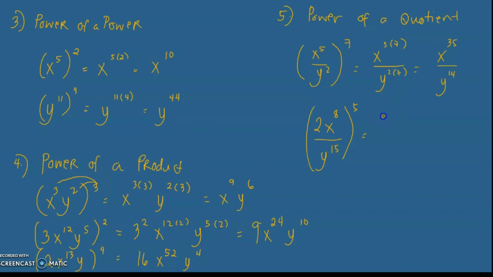So, that is 2 raised to 5 x raised to 8 times 5 all over y raised to 15 times 5. So simplify. 2 raised to 5 will give us an answer of 32 x raised to 40 all over y raised to 75. Okay? So that is the power of a quotient.